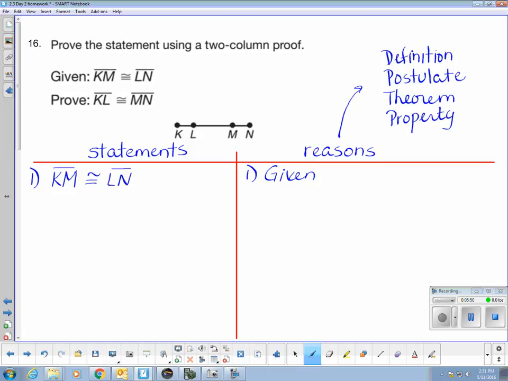So in my very first step, what I notice is that KM, segment KM, is made up of 2 parts. KM is made up of KL plus LM. When we take the 2 parts of a segment and break them down, we call that the segment addition postulate.